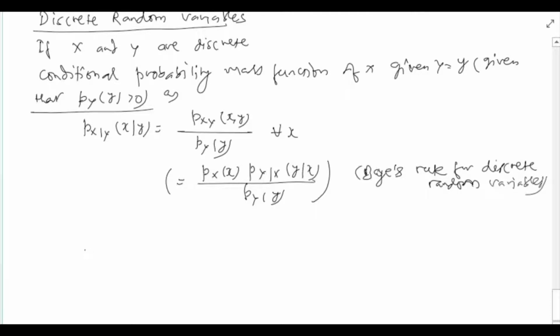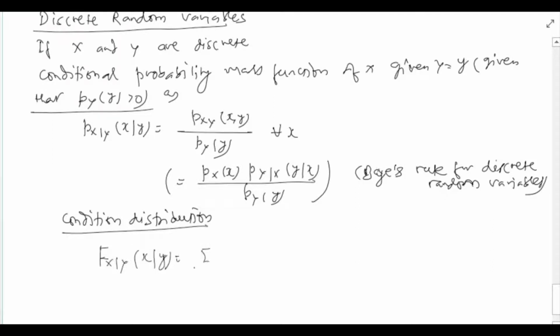From the conditional probability mass function, we can compute the conditional distribution of X as follows. The conditional CDF of X given Y can be computed as the summation over z less than or equal to small x of p_{X|Y}(z|y).